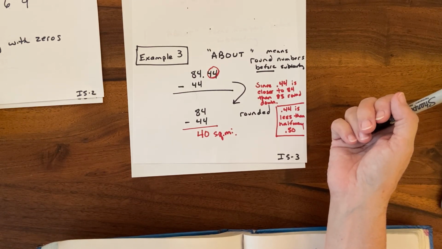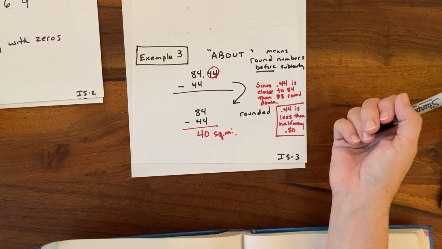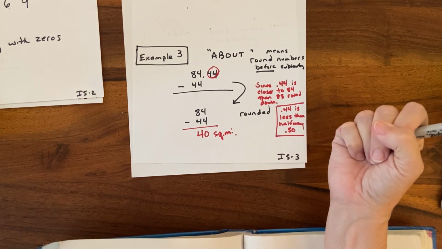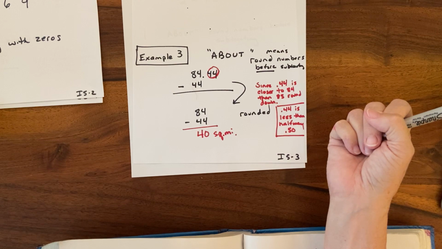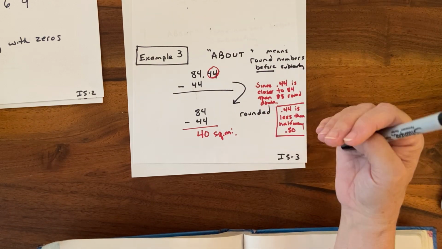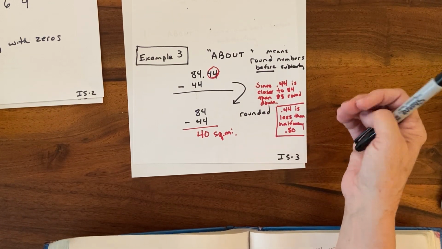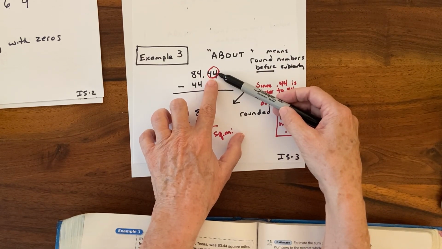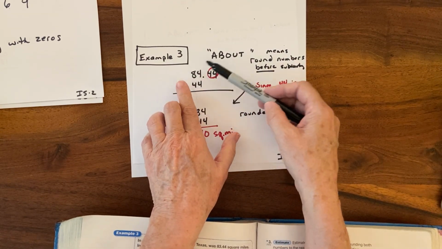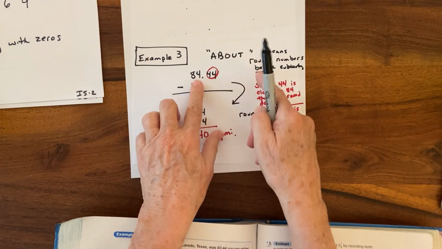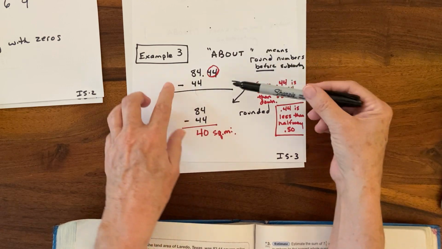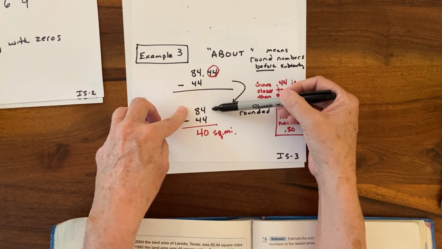Between 1993 and 2004, the city of Laredo added about... So when you have that word about, you're estimating. So I'm going to round those numbers before I subtract them. I know that 44 hundredths is going to round down because it's less than halfway between 84 and 85. It's less than 50, right? So that's going to round to 84.